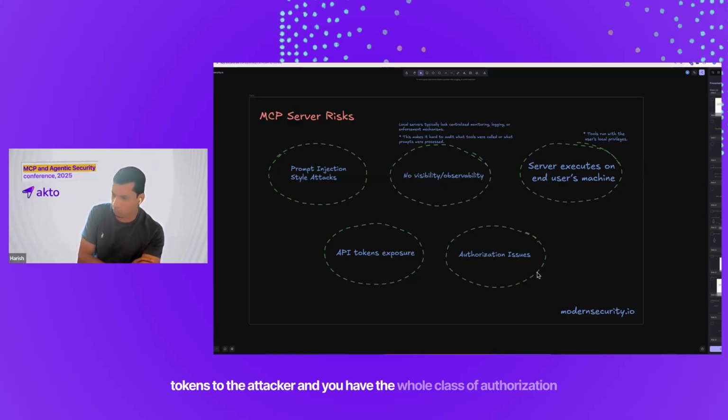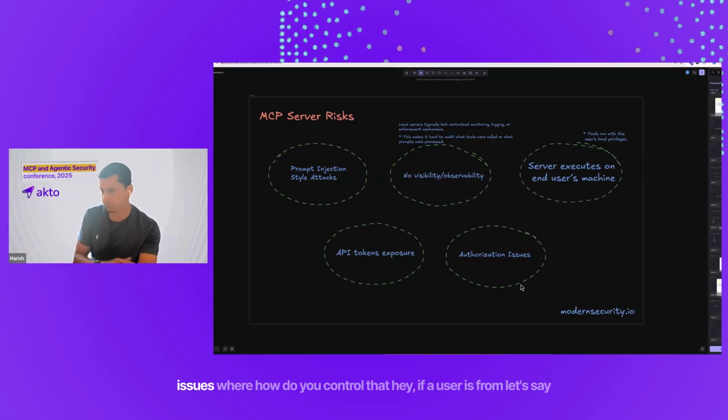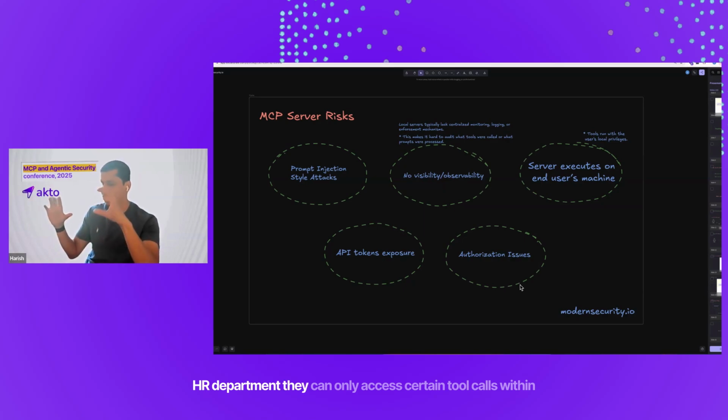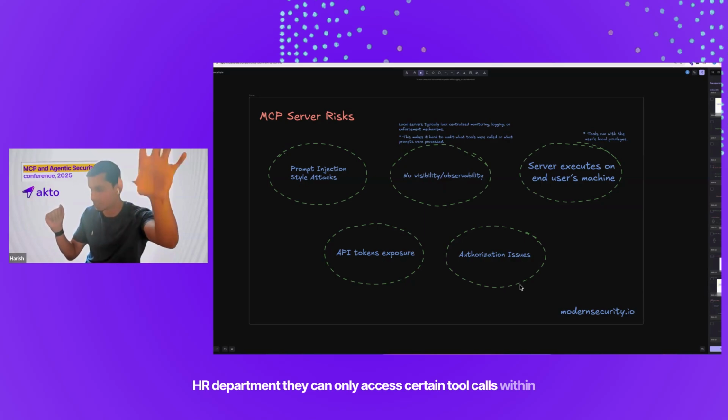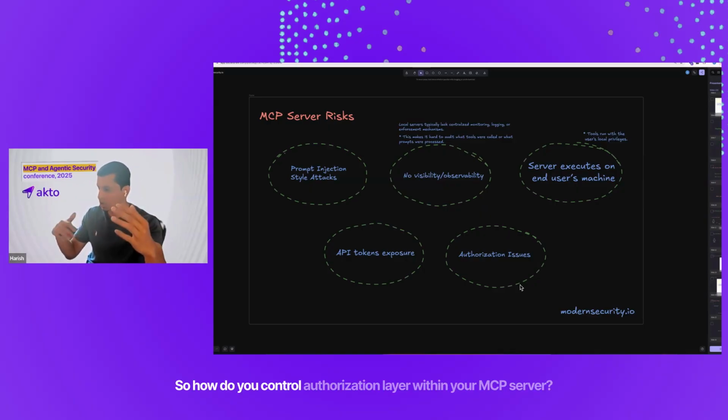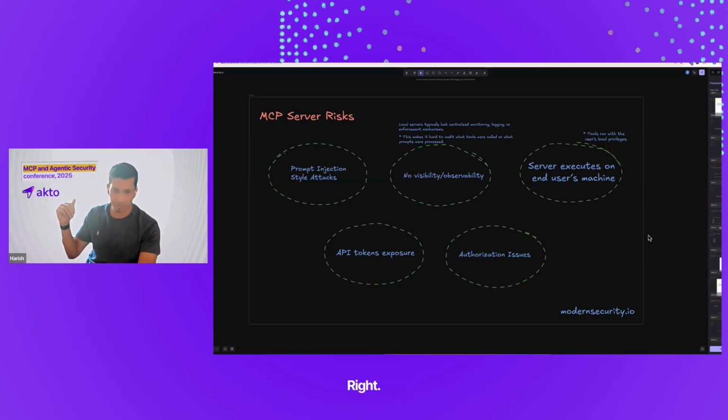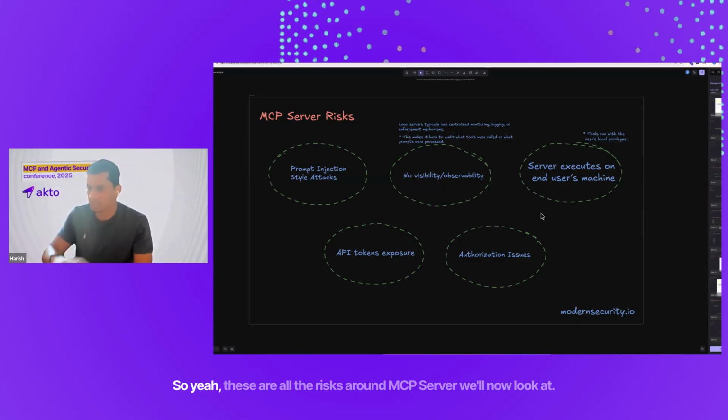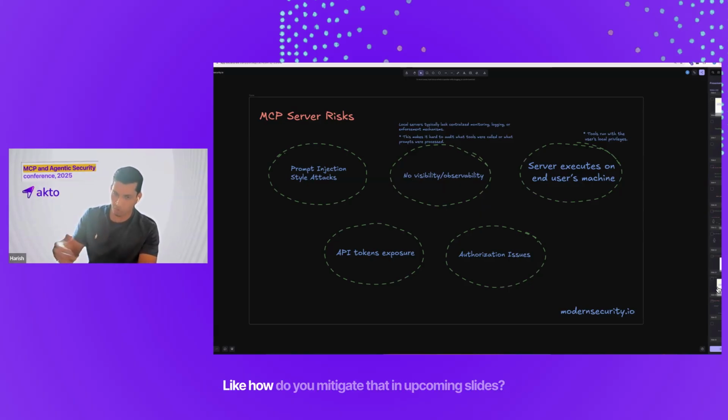And you have the whole class of authorization issues, where, how do you control that? Hey, if a user is from, let's say, the HR department, they can only access certain tool calls within Confluence. So how do you control the authorization layer within your MCP server, right? So yeah, these are all the risks around MCP servers. We'll now look at how you mitigate that in upcoming slides.